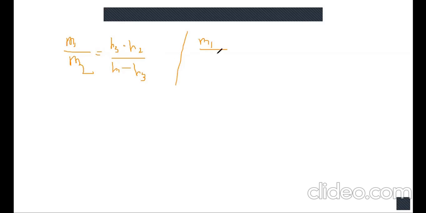m1 by m2 equals to omega 3 minus omega 2 by omega 1 minus omega 3. This is our entire scenario.